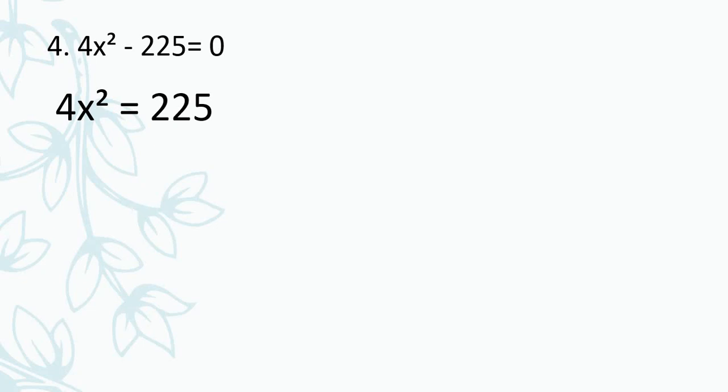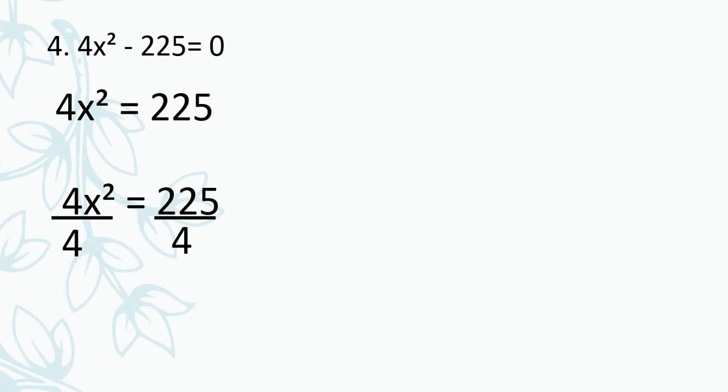So what method are we going to use again? Division property of equality. So, what will we put in the denominator on both sides? The value of a. What is the value of a? 4. So, we also put 4 in the denominator.